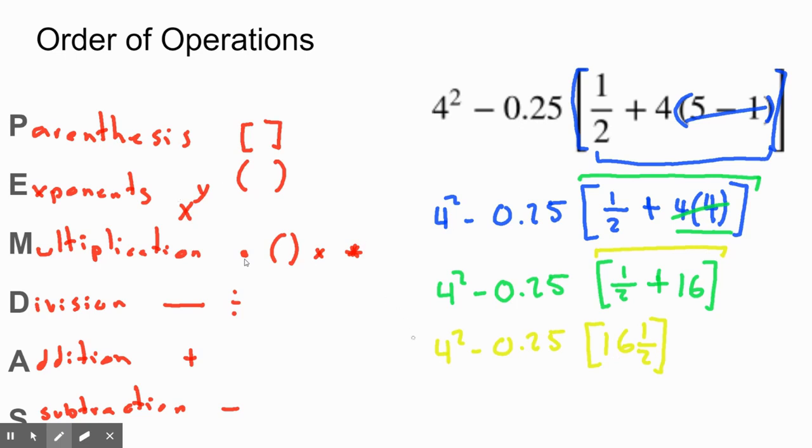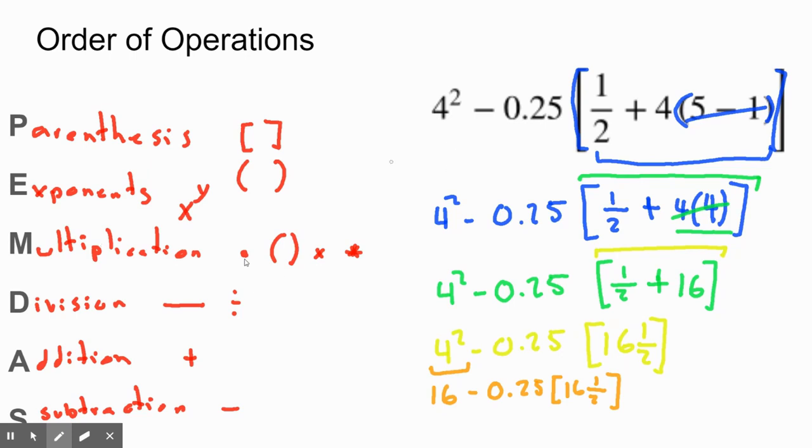We do have exponents, though, so let's do that next. 4 squared is going to be 16, and I'm going to start running out of space here if I'm not careful. And then we can rewrite the rest of this. So yeah, 16 minus 0.25 times 16 and a half.